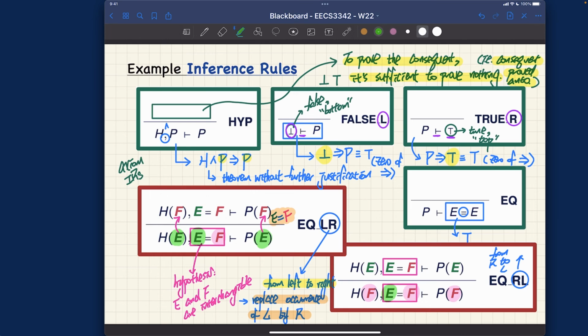So now we're going to go from right to left over here, to replace every occurrence of F by E, given the hypothesis that they are equivalent.